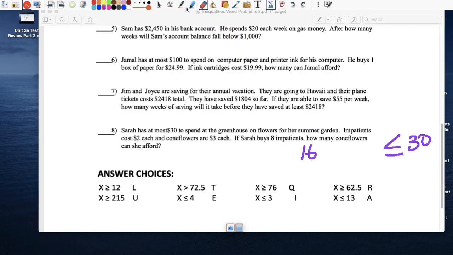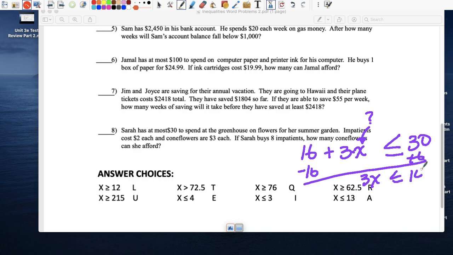So how many cone flowers? We start with 16, what we spend on the impatiens, plus 3 times the number of cone flowers, and that's my unknown, x. Minus 16, minus 16, 3x is less or equal to 14.